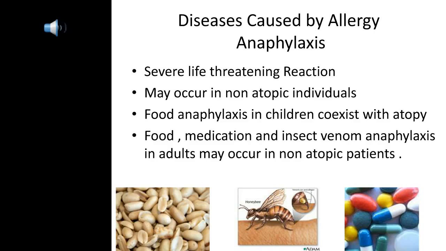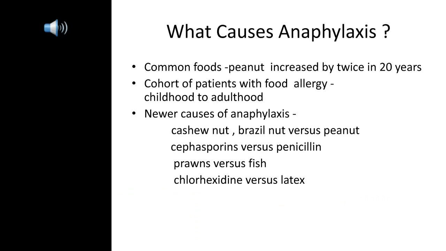We have a fair bit of insect venom anaphylaxis here, and I understand in the United States it's very similar in terms of wasp and bee. Medication is important because this tends to occur in an older group, and there's a bigger death rate of this, and also there's food anaphylaxis.